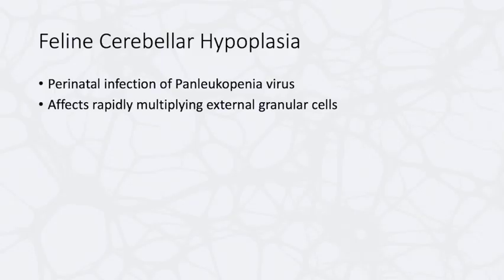So cerebellar hypoplasia typically occurs or does occur in cats from infection with the panleukopenia virus.